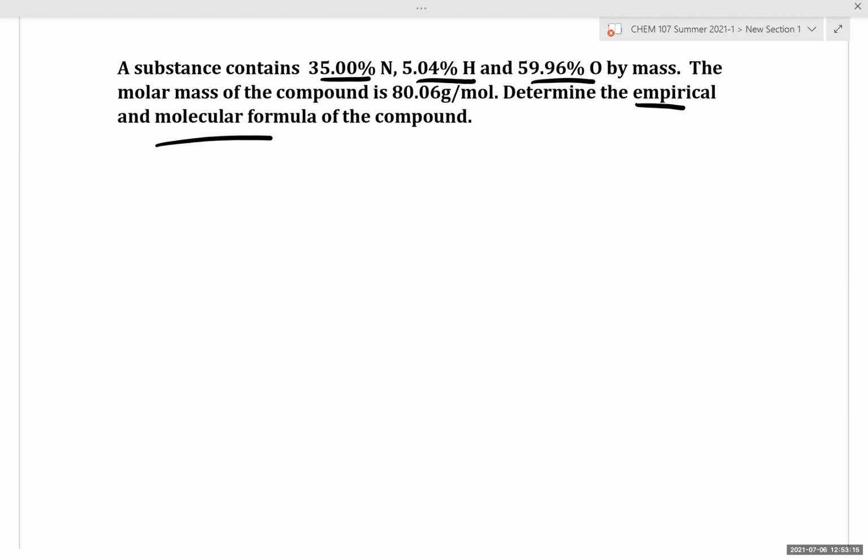So as we work through this example, would anyone like to share some of their calculated mass or mole values?